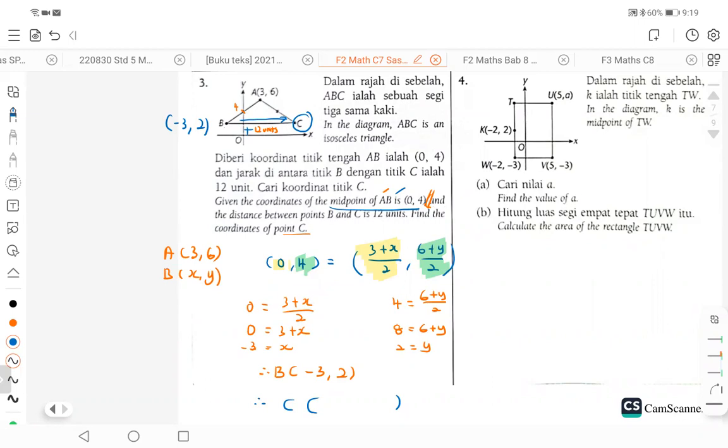After you copy, then you try to find out the coordinate of C. It's already there. Same height.